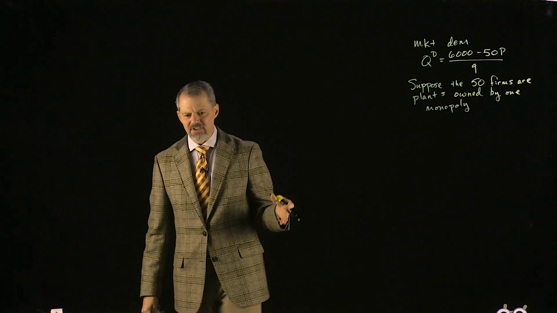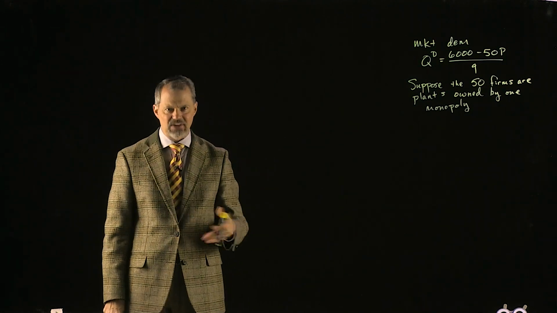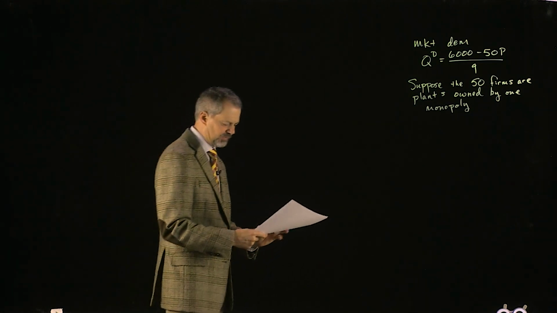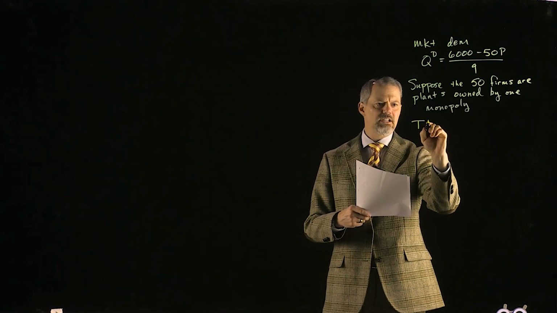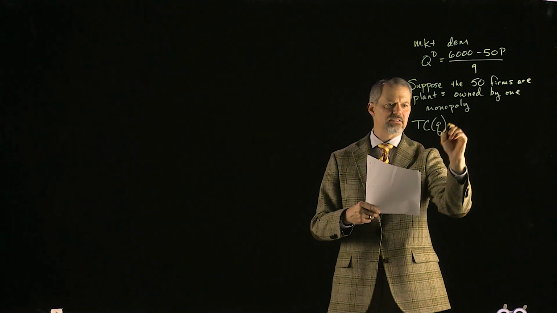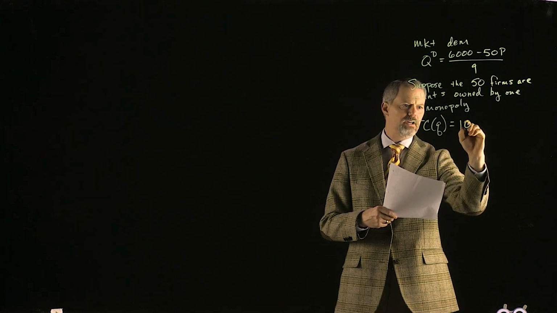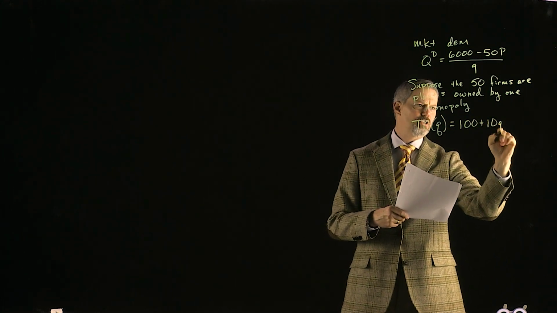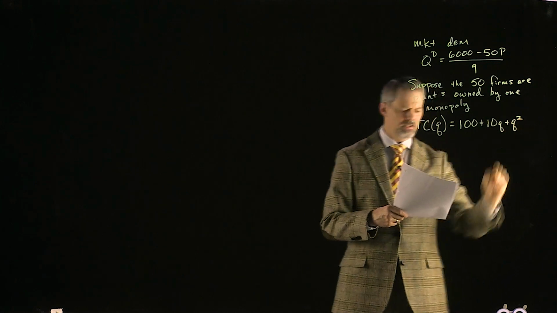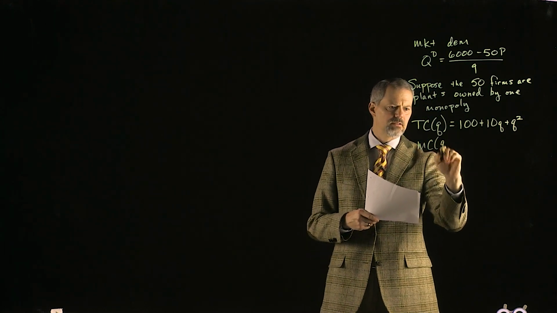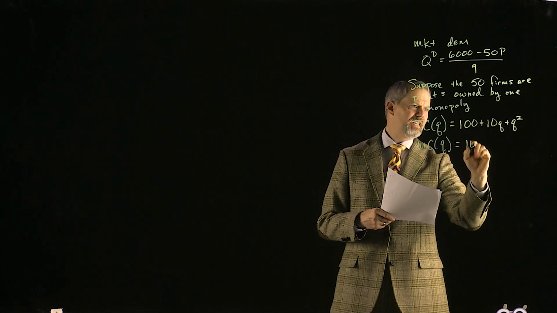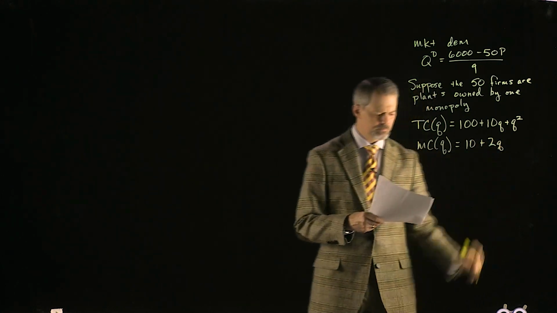And we'll stick with that assumption that each plant has the same cost curves. That keeps things simple. So our cost curve for an individual plant looked like this. This is our total cost. It was 100 plus 10Q plus Q squared, which meant that our marginal cost was equal to 10 plus 2Q.